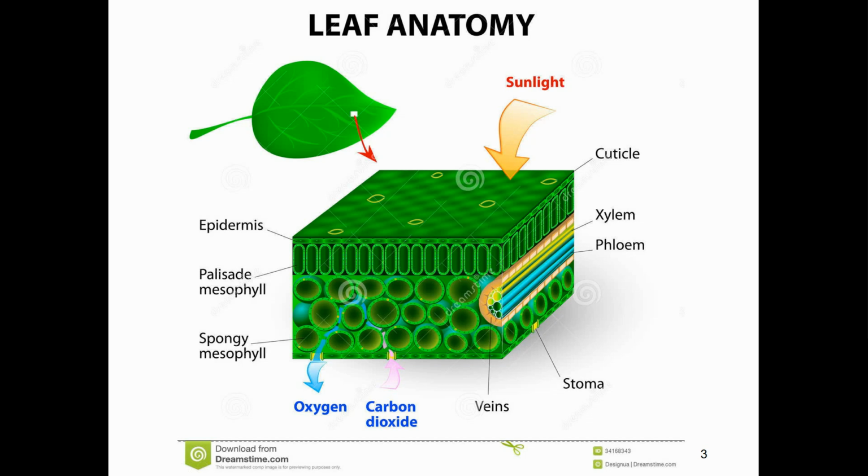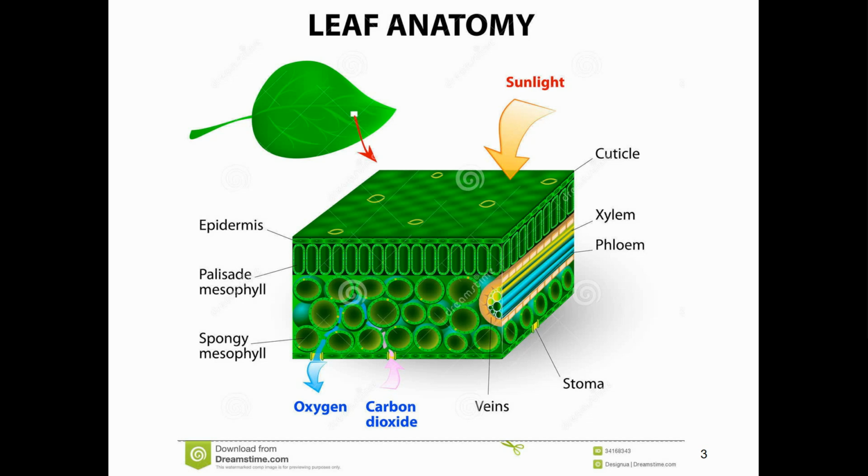We've got chloroplasts in the mesophyll, which is going to harvest the light, which is then going to create these reactions, the light reactions and the Calvin cycle, and ultimately produce glucose. The glucose is going to be transported by the phloem to the areas that it is needed. Oxygen is going to be released, and so on and so forth.